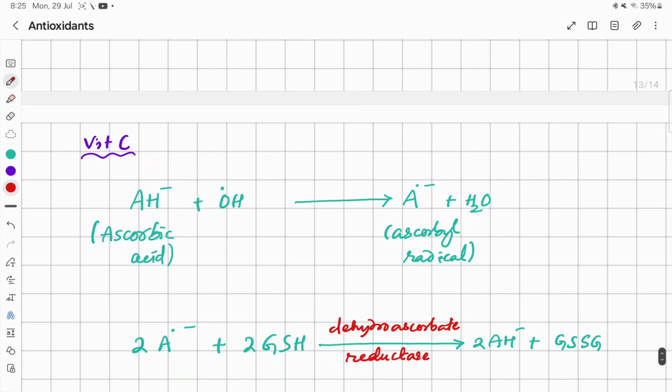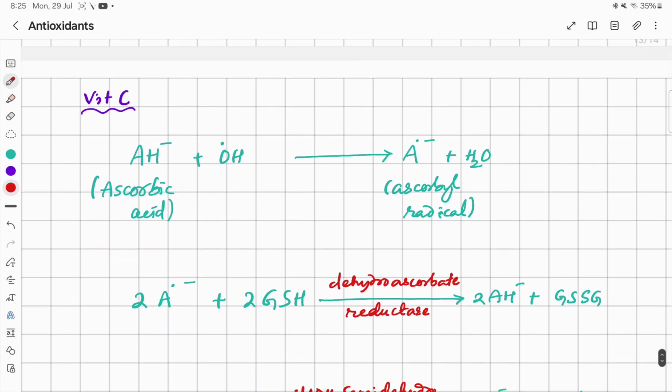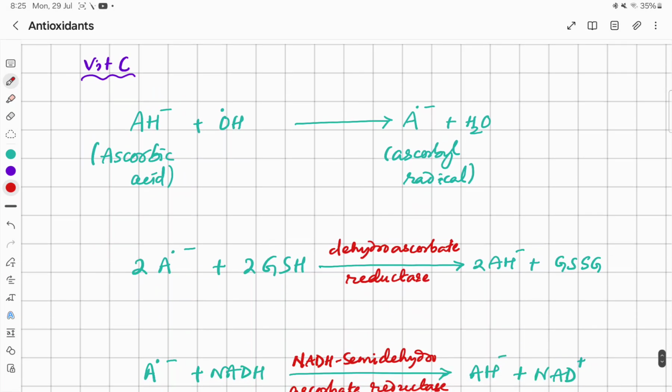So you can see how vitamin C acts as an antioxidant. Vitamin C is ascorbic acid, and in presence of hydroxyl radical, the hydroxyl radical is neutralized by vitamin C. So in return it will be converted to a less reactive radical, which is ascorbyl radical. This ascorbyl radical is again converted to ascorbic acid by glutathione.